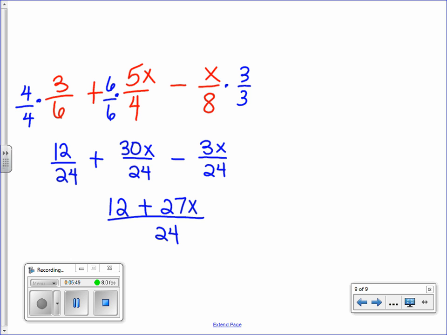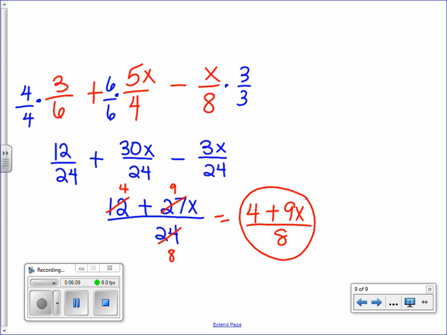Because 12, 27, and 24 are all divisible by what? 3. If I divide this one by 3, and this one, so we're going to write 4 plus 9x over 8. That's our final answer.